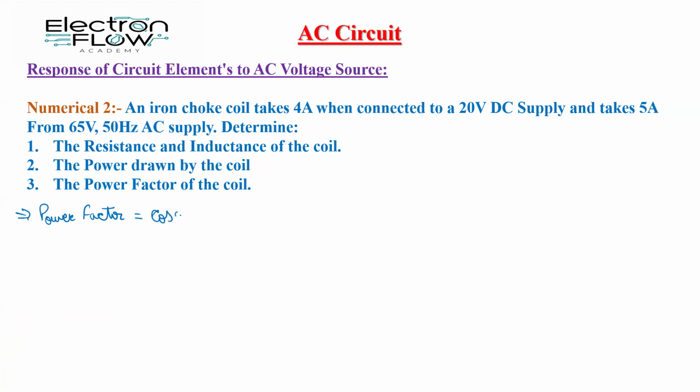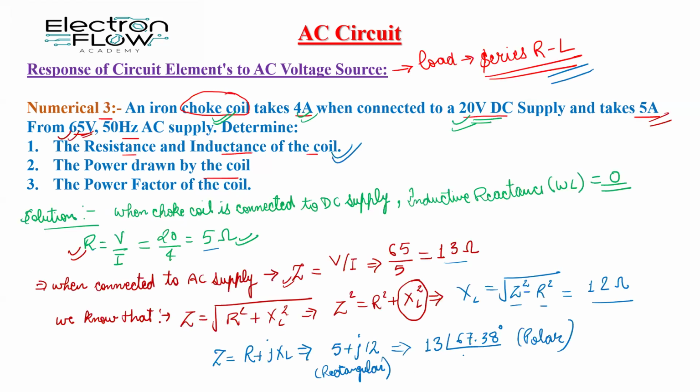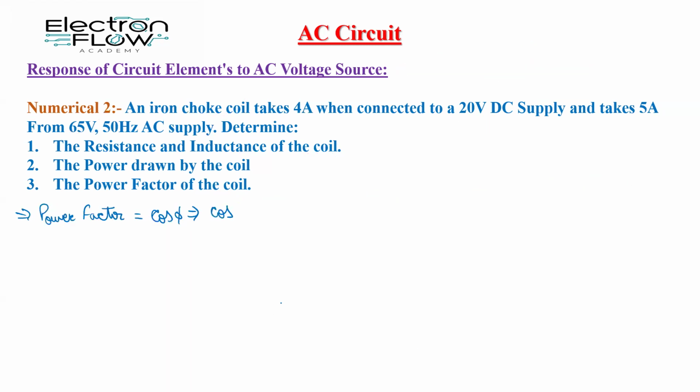So cos phi is equal to cos of the angle we have calculated, which is 67.38 degrees. From here I have calculated the power factor, which is equal to 0.3846. So this is our power factor value.